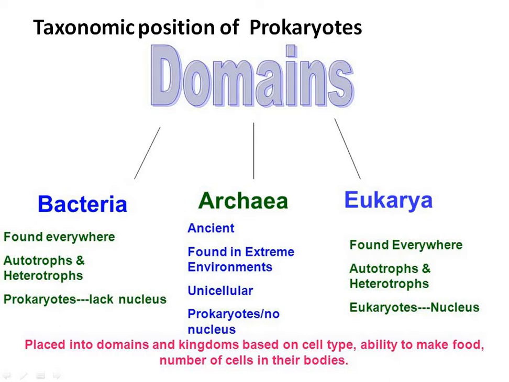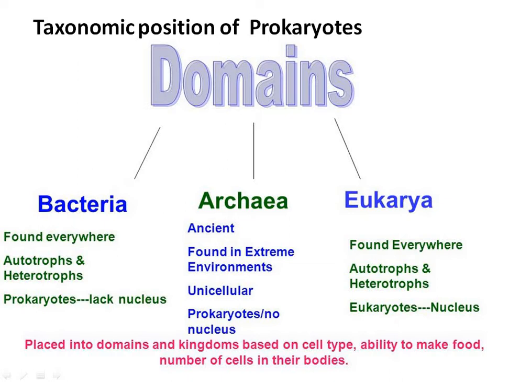prokaryotes, have prokaryotic cell, both are unicellular, but there is a slight difference in their ribosomal RNA. Eukarya have eukaryotic cell, and they are autotroph as well as heterotroph, have a definite membrane-bounded nucleus, have all organelles, so they are different from bacteria and archaea.